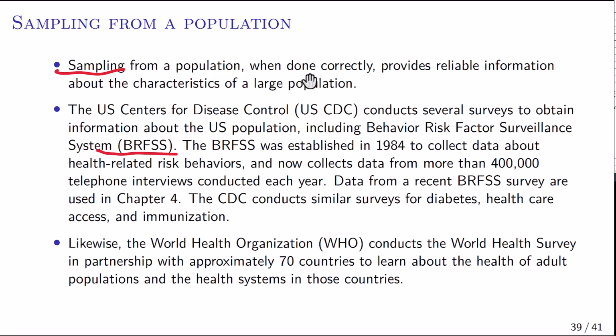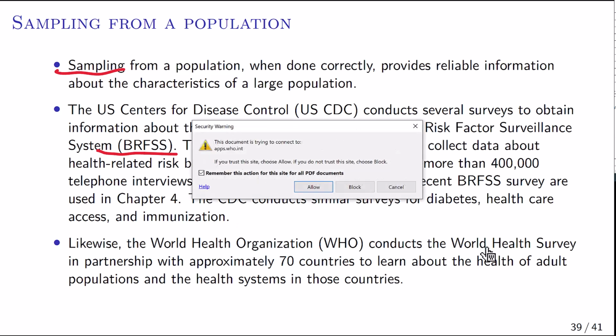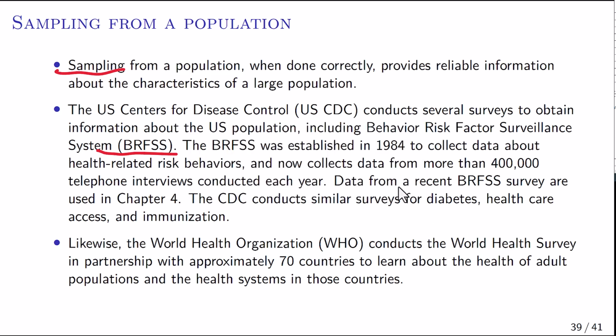This is from the US CDC, and the World Health Organization, WHO, also conducts the so-called World Health Survey. I just want to show you that these are surveys. They are observational studies.